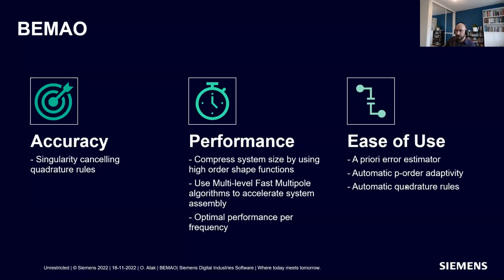And we say ease of use because there's an a priori error estimator, depending on the user's requirements, that they can choose the target level. We use automatic p-order adaptivity, and we use automatic quadrature rules. So even if you have a dirty mesh, this method can give you accurate results, and the quadrature rules and everything are automatic. So hopefully it's easy to use for the users.